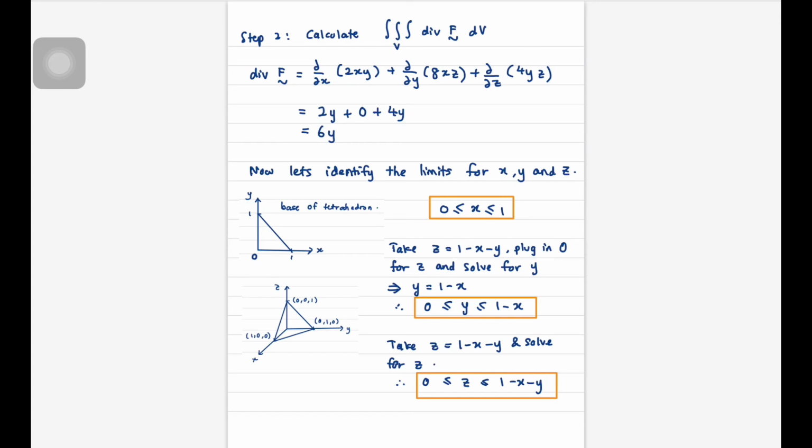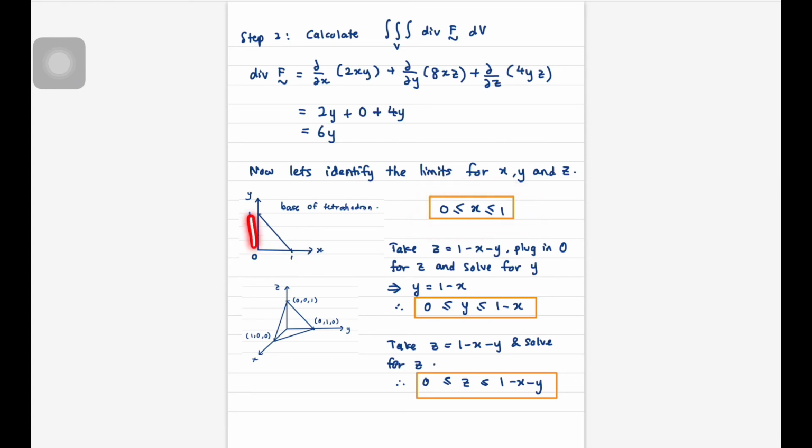Okay, so now let's identify the limits for x, y, and z. This is the base of the tetrahedron. If you are looking from above the tetrahedron, you can see that x is from 0 to 1. So the limit for x is from 0 to 1.